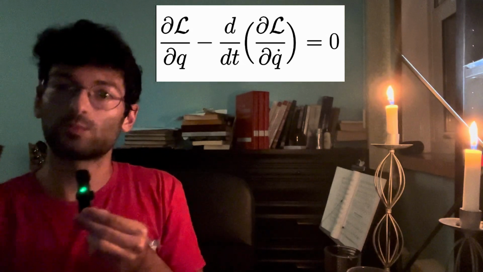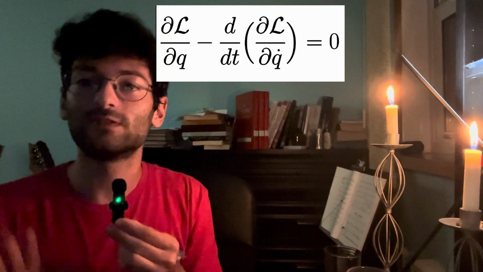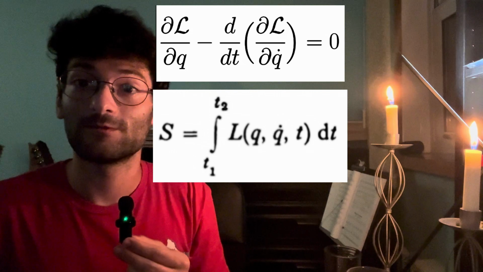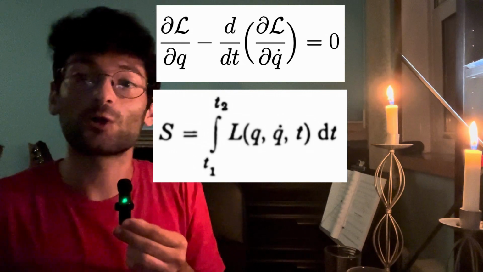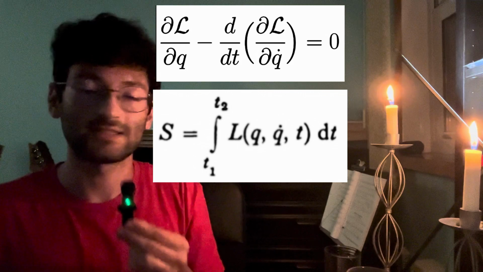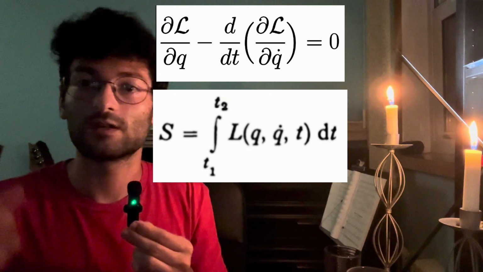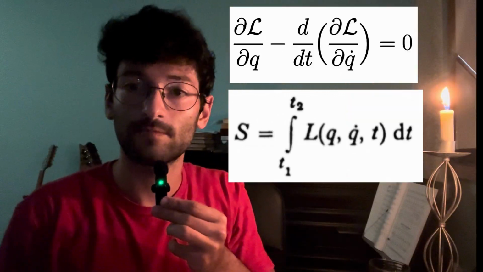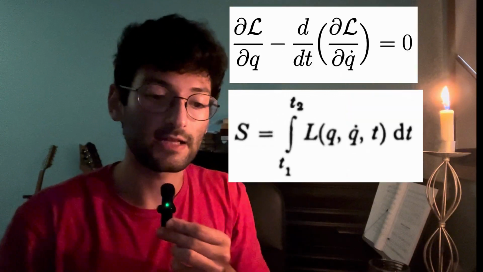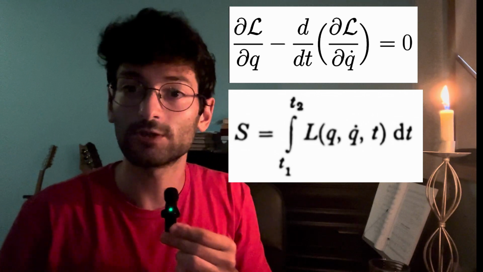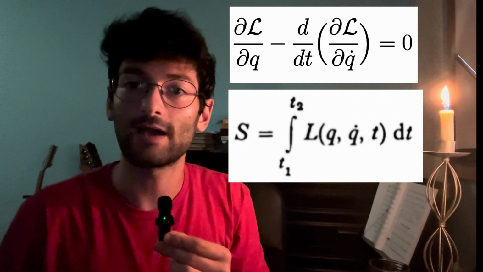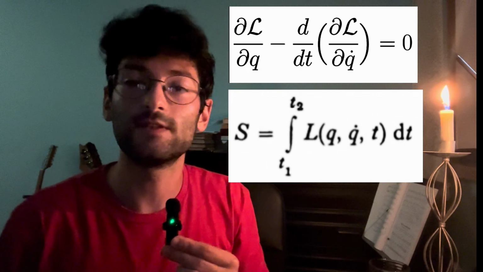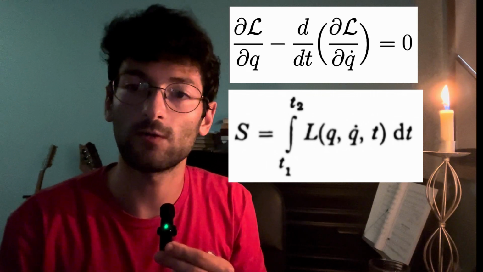This takes us back to the principle of least action, where we can now define the action as a functional in terms of the Lagrangian, as the integral from time 1 to time 2 of the Lagrangian dt. This principle of least action states that the path or function traveled by the system is the stationary point of this functional we call the action.